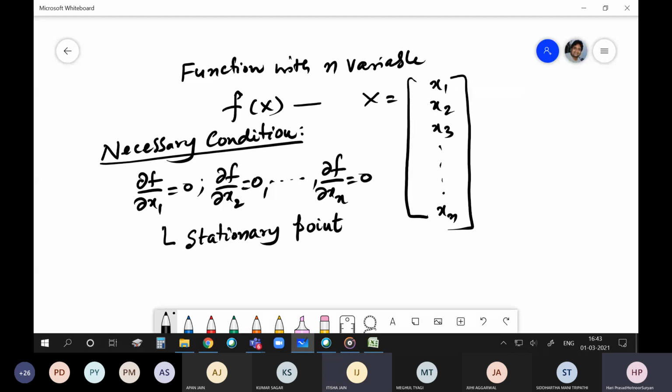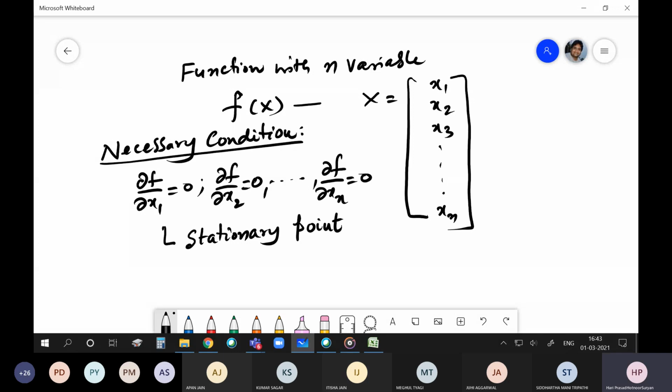Now you come to the function with more than one variable. Your function f of x, is it a scalar or a vector? Scalar. What about the first derivative, is it a scalar or a vector? How many first derivatives are there here?